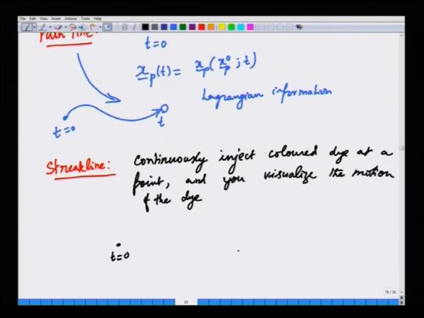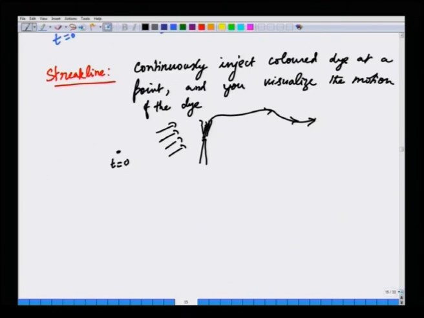Okay. So, again a simple example is, suppose you have a smoke chimney from which smoke is coming, you are continuously injecting smoke, and let us say air is moving. So, the path that is taken by the smoke is an example of a streak line, because you are continuously injecting a black or brownish colored smoke from a chimney, and you are trying to visualize the motion of these colored particles in air.